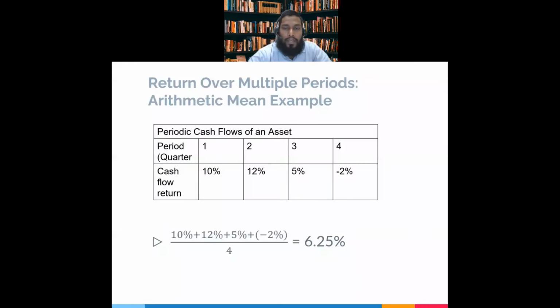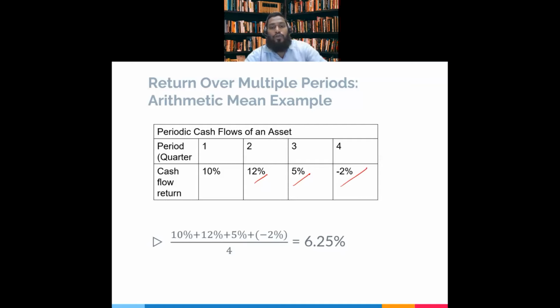So let us look at the example. Here are the periodic returns of an asset, where each period is a quarter. In the first quarter, there is a return of 10%. Second quarter, 12%, third quarter 5%, and in the fourth quarter there is actually a loss of 2%.